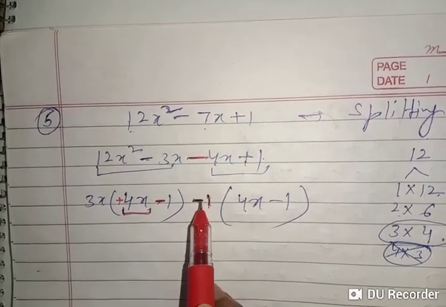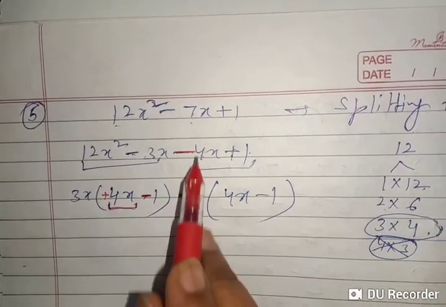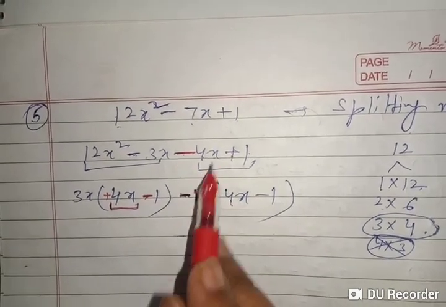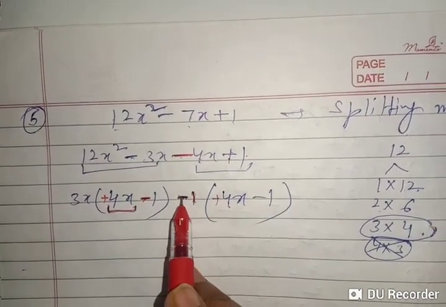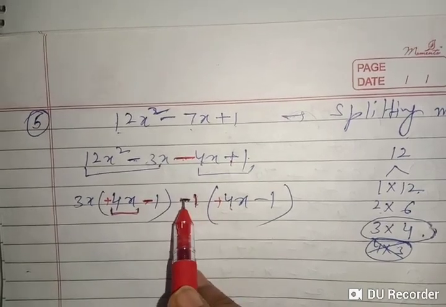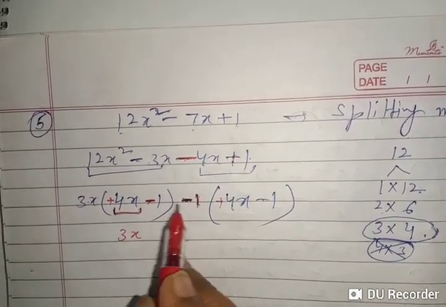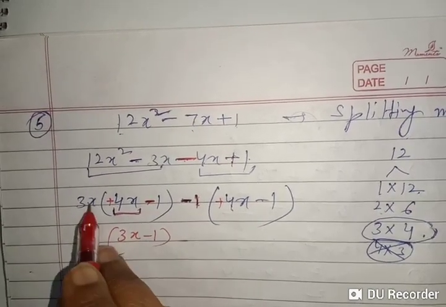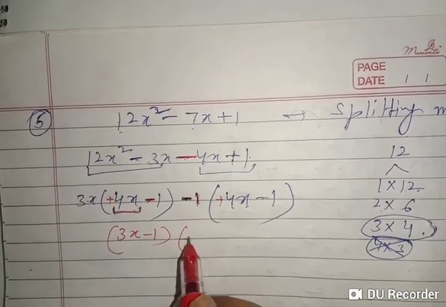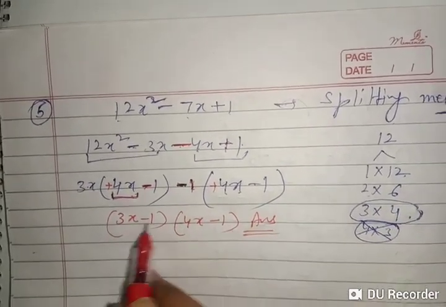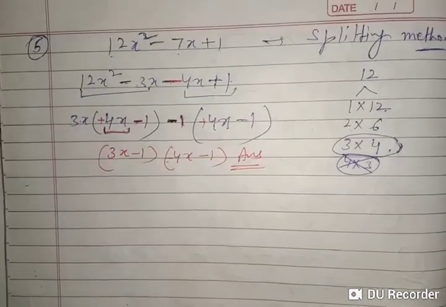You can check whether you have done it correctly by opening it. Minus 1 into 4x is minus 4x, because minus plus is minus, and minus minus is plus. So combining these two terms in 1 bracket, and these two in another bracket, the final answer is 3x minus 1 and 4x minus 1.